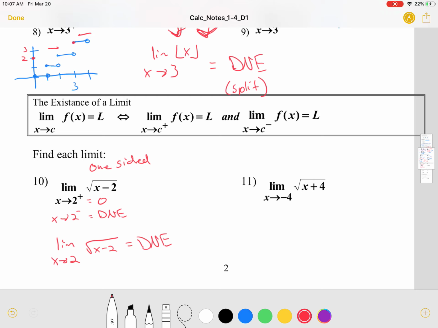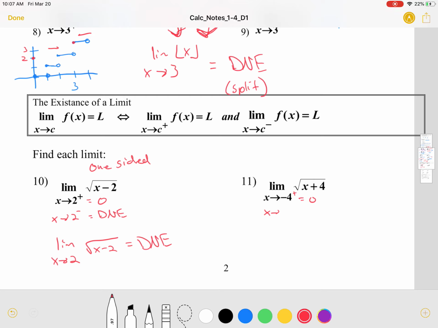Okay, so again, let's do the same thing over here for 11. We're going to look at it from the negative side, and we get a 0, or actually this is asking for negative 4 itself.